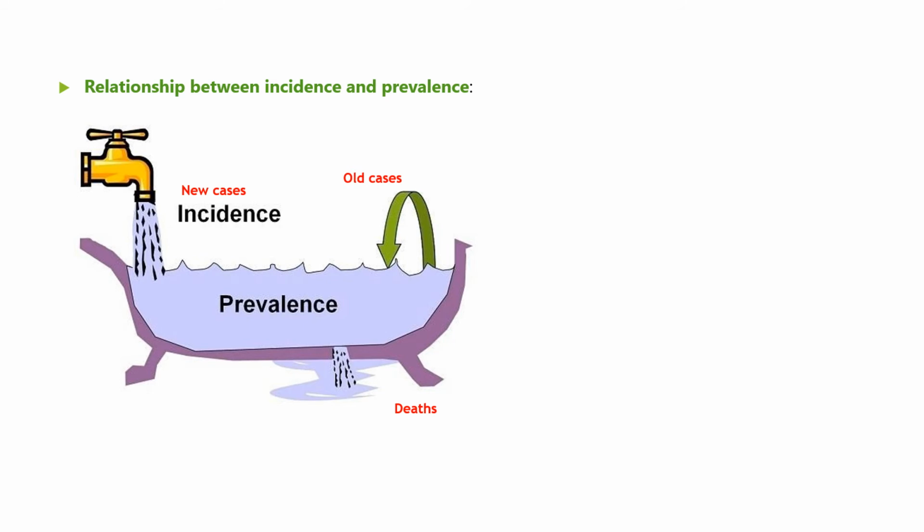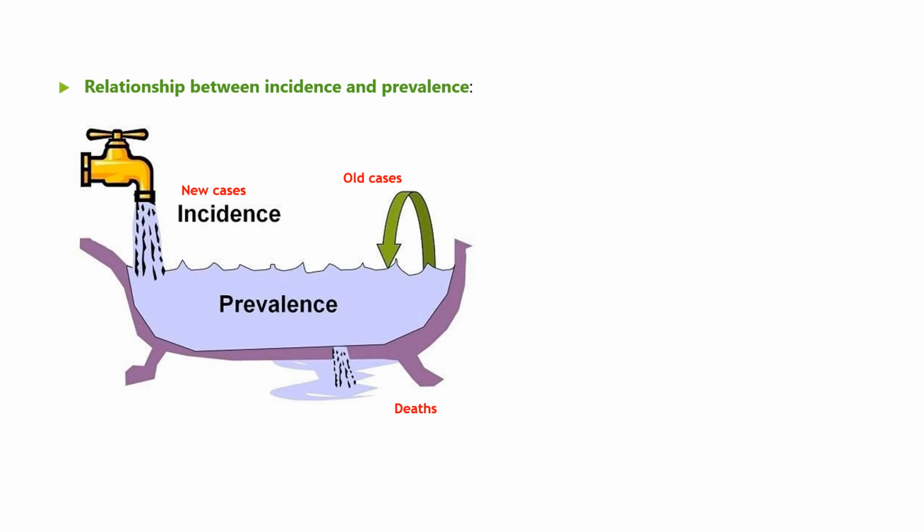Here you can observe a bathtub in which water is pouring through the tap, and also you can see there is an outlet at the bottom through which some water is also going out. This visual representation is very similar to the actual relationship between incidence and prevalence.